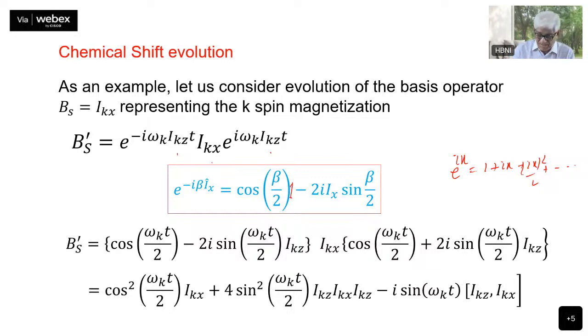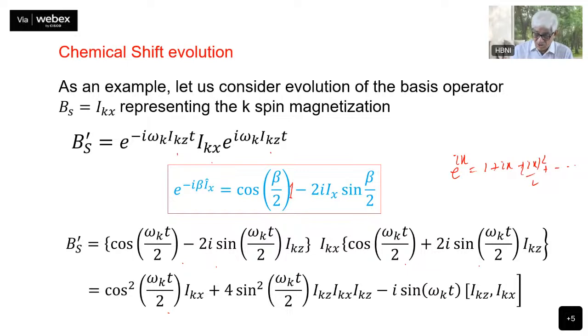Okay. So when you expand this, you get here cosine square omega k t by 2 Ikx. Okay, how does that come? That comes from this to this multiplication. For the first term, this term gives you this, and you have the Ikx here. And then I have 4 sine square omega k t by 2. That comes from this to this.